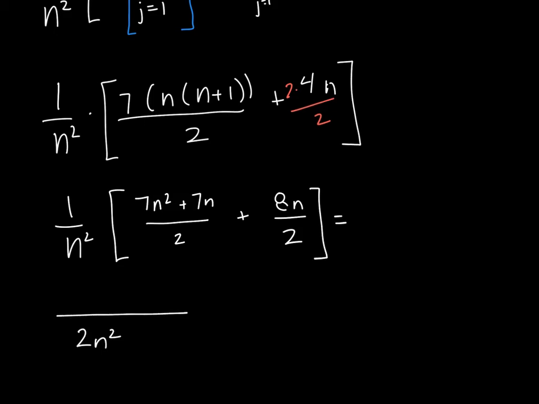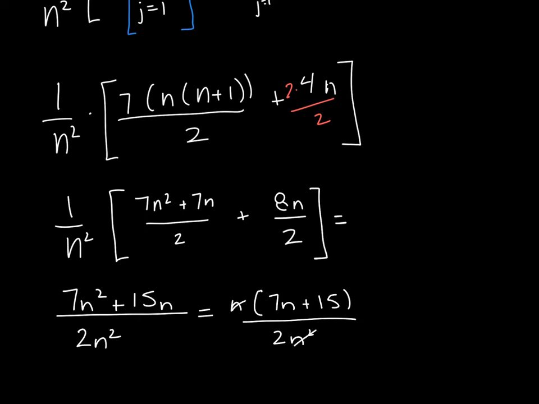And back up top in the numerator, you have 7n squared plus 15n. Go ahead, factor out an n, then you're left with 7n plus 15 all over 2n squared, or just 7n plus 15 all over 2n.